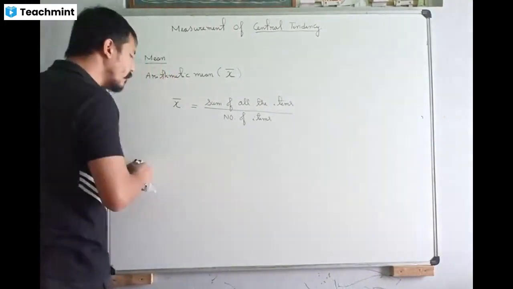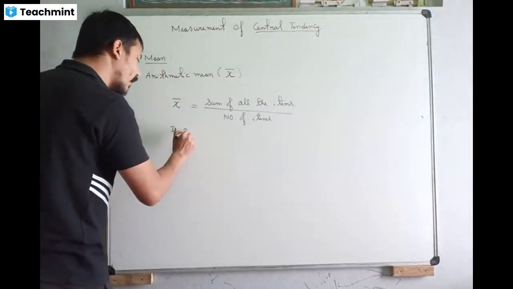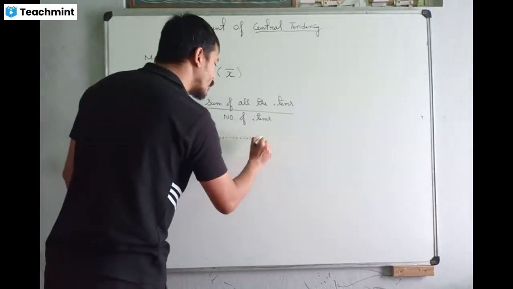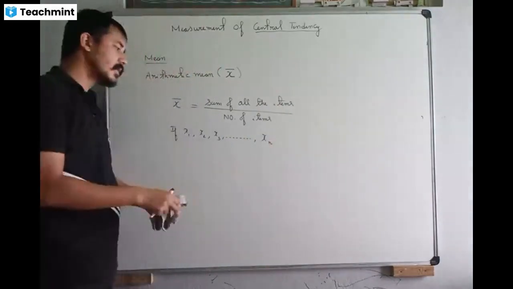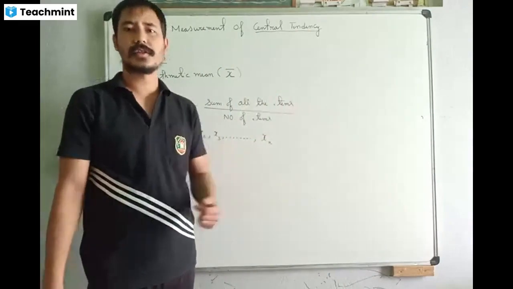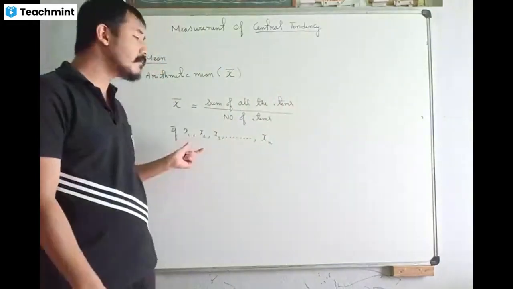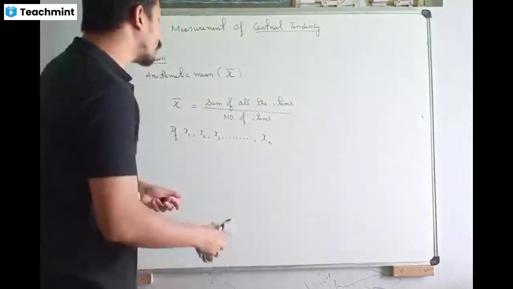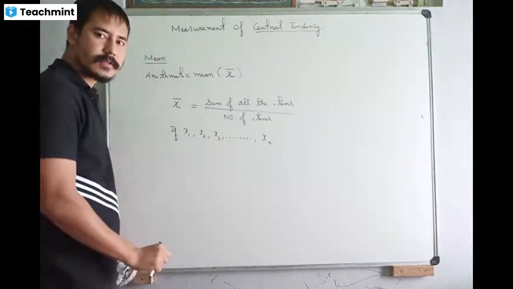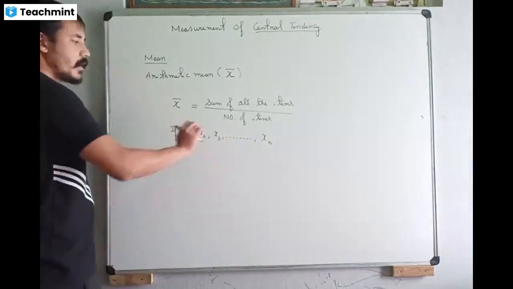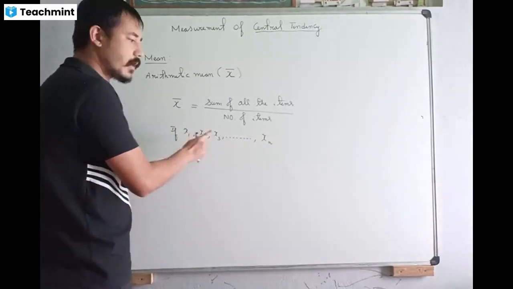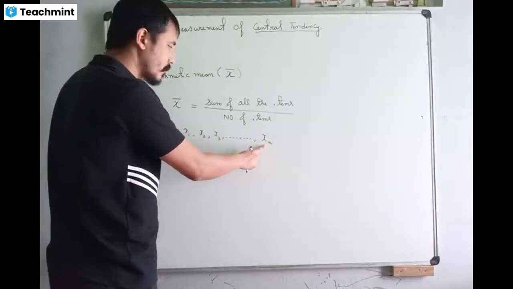Now, suppose the items are x1, x2, x3, and so on up to xn. In this series, you have finitely many items and you want to find the arithmetic mean of this series. Here you have n number of items starting from x1 up to xn.